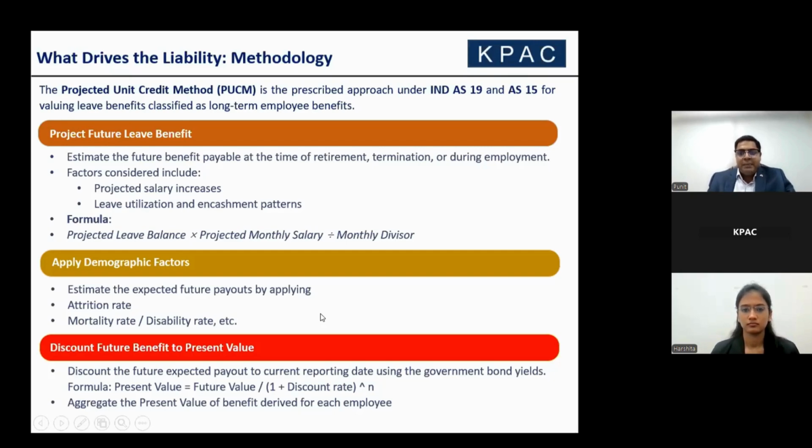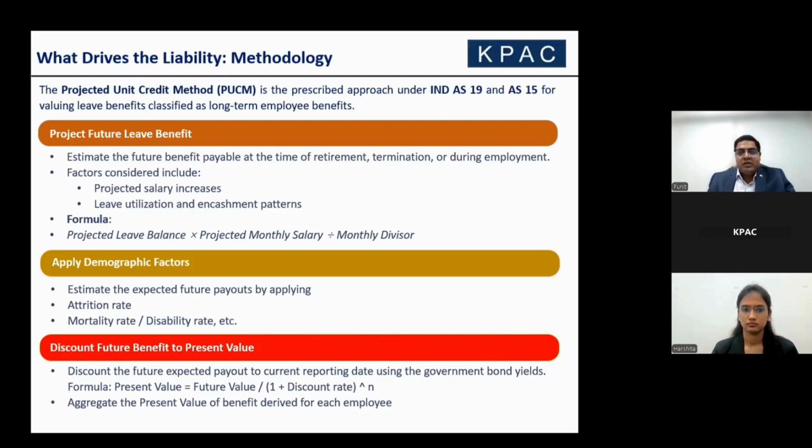In the second step, we apply the demographic factors. We estimate the expected future payouts by applying demographic factors such as attrition rate, mortality rate, disability rate, and retirement rates. This helps us predict who will receive the benefits and when. The last step is to discount future benefits to present value. This is a crucial step.